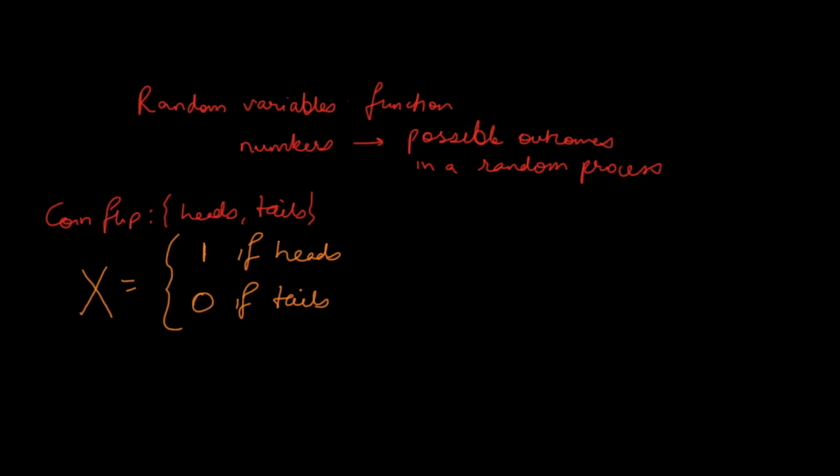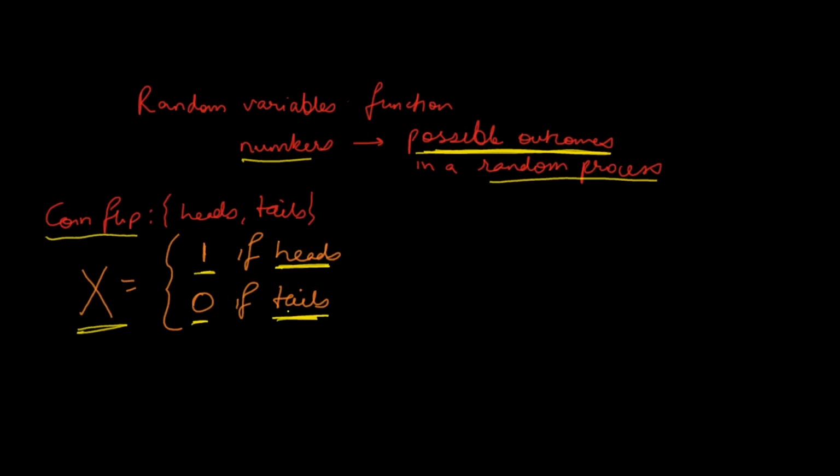So we can see that x is a random variable because we have a random process, which in our case is the coin flip, and the random variable x is basically assigning numbers, which are 1 and 0, to the possible outcomes of this random process, which are heads and tails.